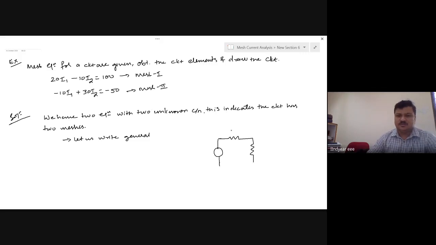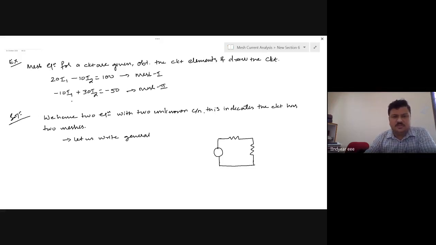Okay. So this is mesh 1. Now there is coefficient of I1 in mesh 2. It means that there is a common element between mesh 1 and mesh 2, which is same. Coefficient of I2 and coefficient of I1 will be same in both the equations. Okay. Now there is coefficient of I2 which is greater than coefficient of I1.